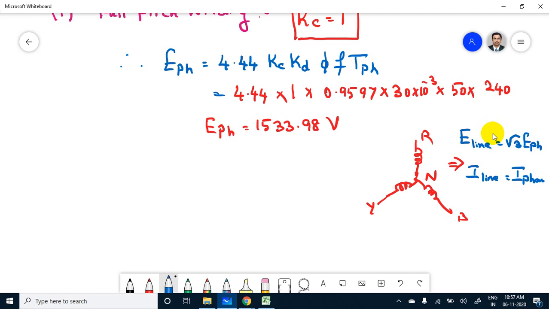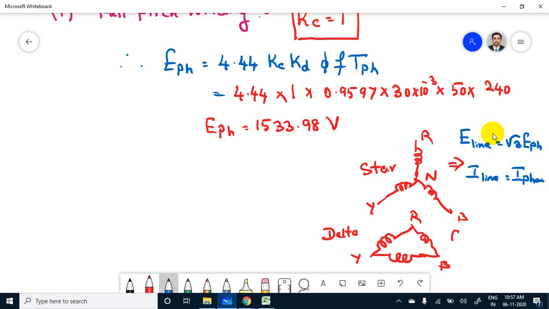But in terms of delta connected alternator, this is star, this is delta. In delta connected alternator, no neutral point will be there.